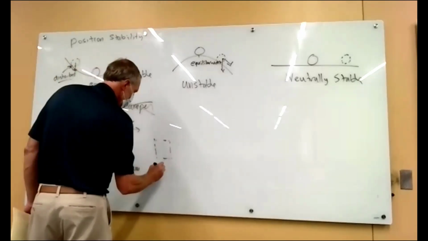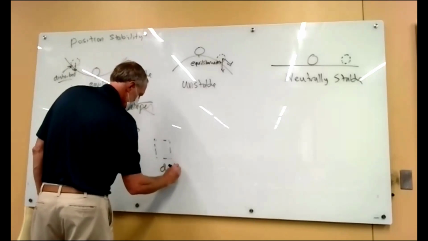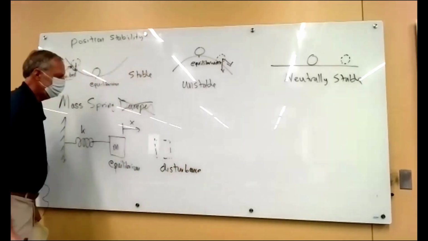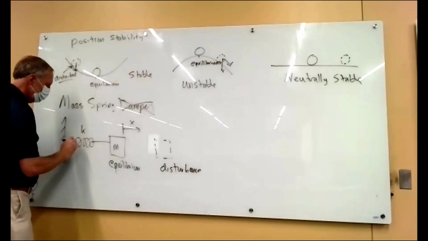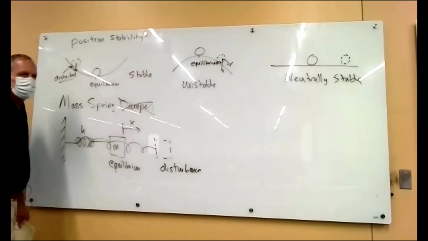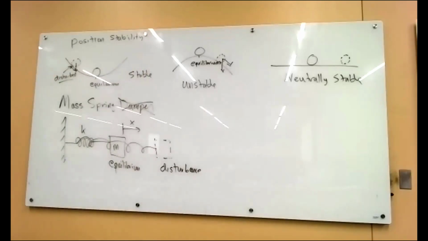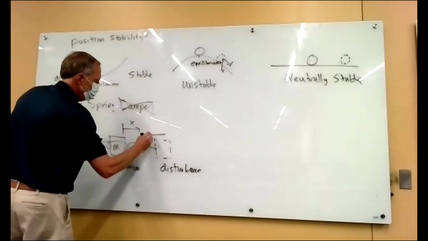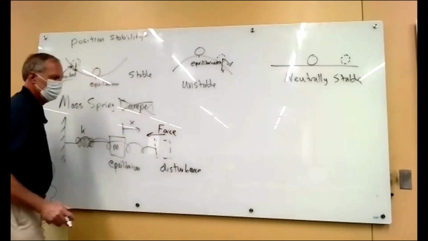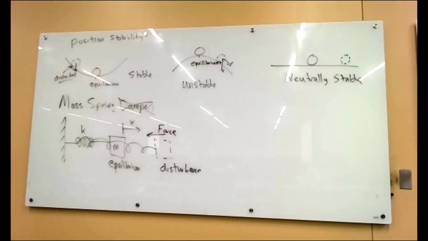If we pull it out to a new position, the spring is stretched. And the way a spring works is it generates a force to pull this back. So that thing is stable, statically stable.